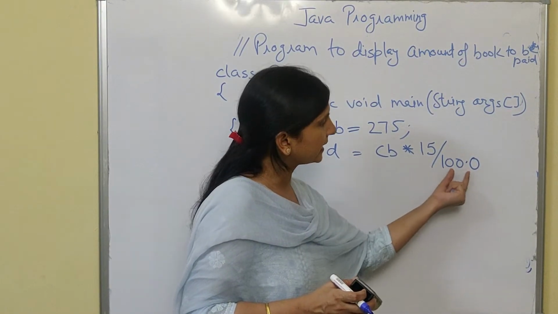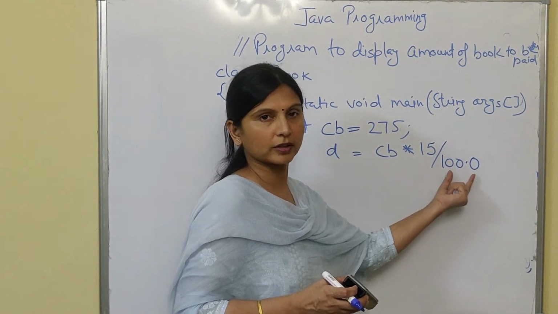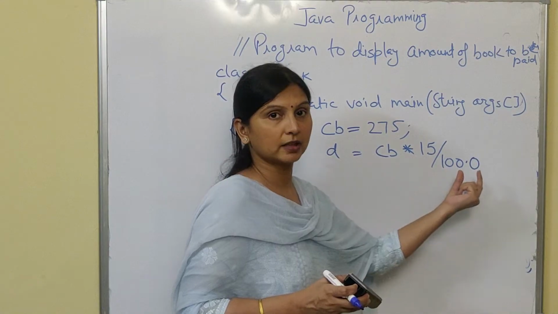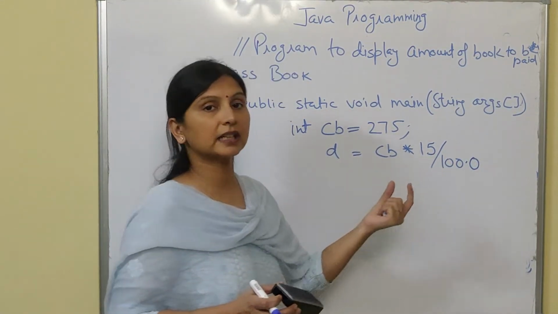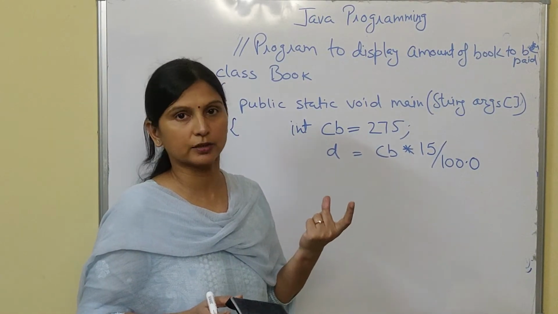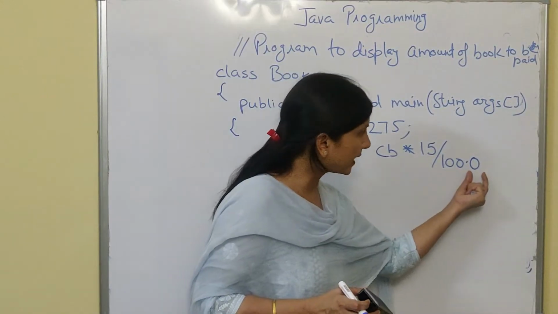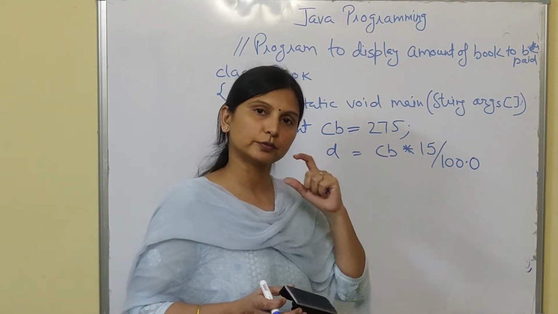Fine. So I have added decimal 0.0 with 100. I have made this 100 as double. Fine. So now it will return the exact value 0.15. It will not return 0. If you do not write 0.0 here, it will return 0 and the answer will be 0.